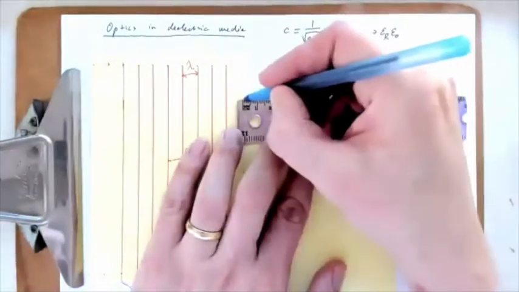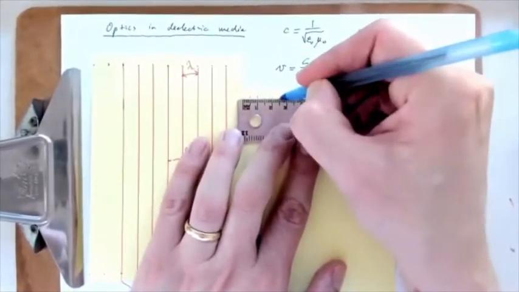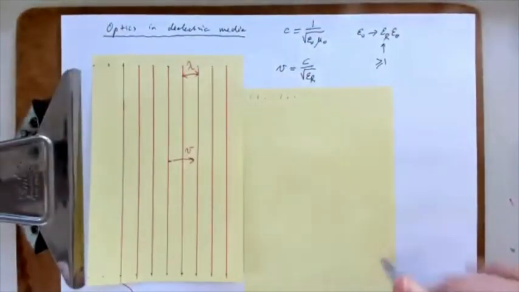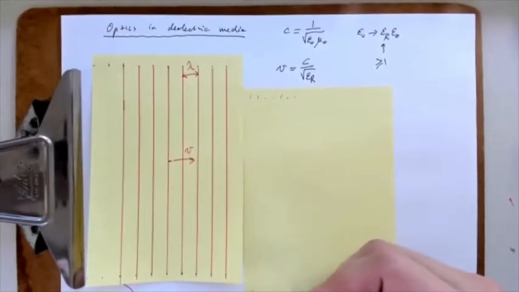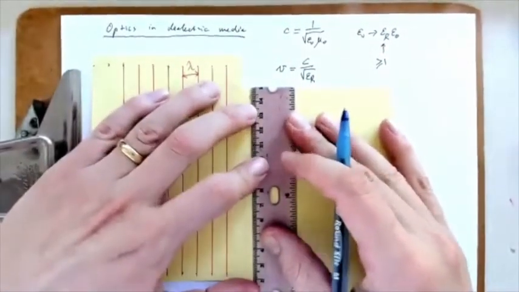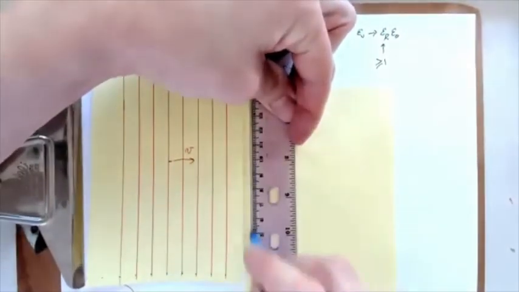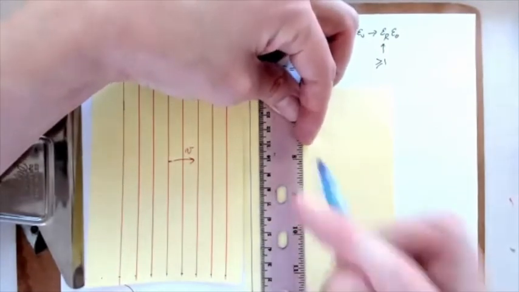So I'm going to make a very extreme example. I want to say it slows down quite a lot. The material is very sluggish from an optics point of view. So that slows it down so much that the wavelength is lower by a factor of 2, which means that epsilon r is 4.